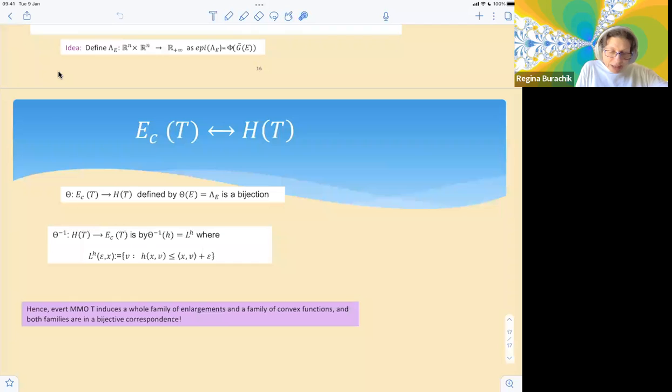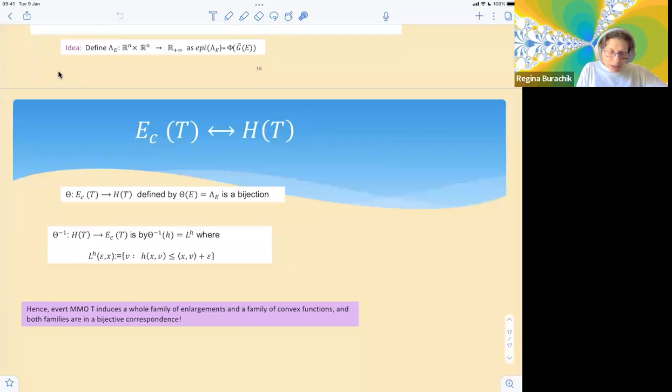And moreover, the inverse, which goes in the opposite direction, takes a function h and produces this enlargement, which is induced by h. And this enlargement belongs to the family of enlargements as long as h is lower semi-continuous and it belongs to the family h of T.